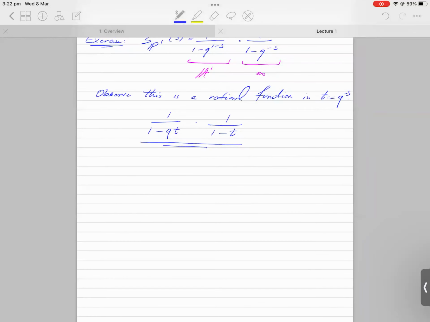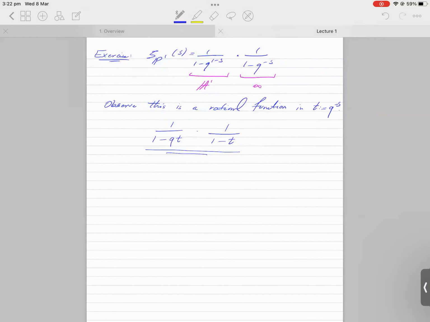But the situation becomes much more interesting when you consider the case of a general curve. And here is the Riemann package. So I want to end by talking about the Riemann package for smooth projective curves. By the way, when I make this change of variable, I denoted the new zeta function by Z(t).